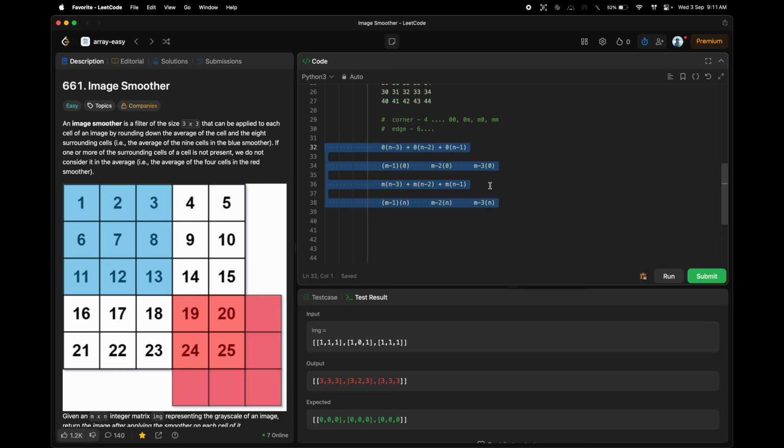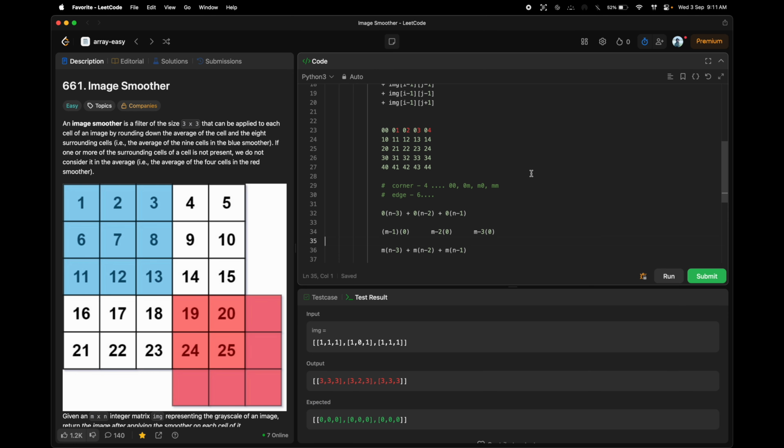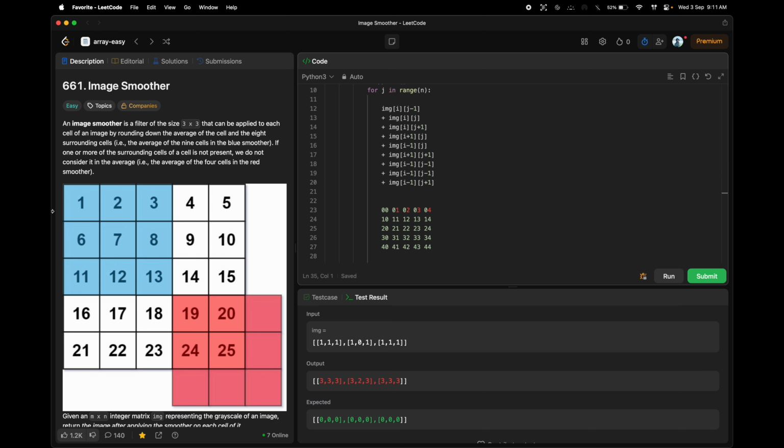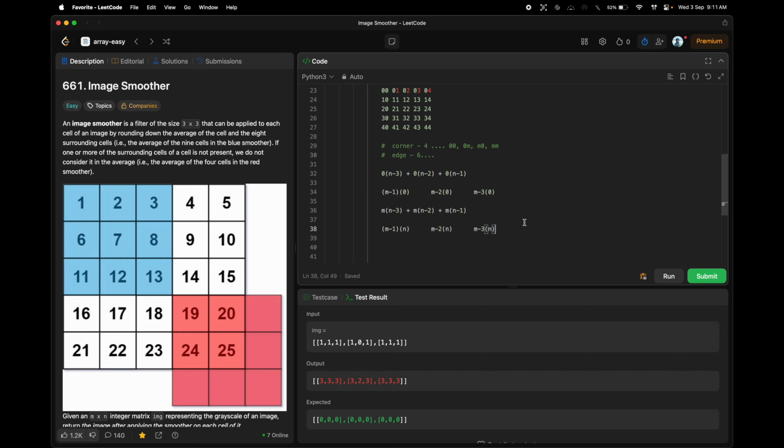I know all the edges will be in either of them, all the corners would be either of them, but now the question is how to identify. Well, I need to give a false condition. Not sure, but okay, now let's try to write something.